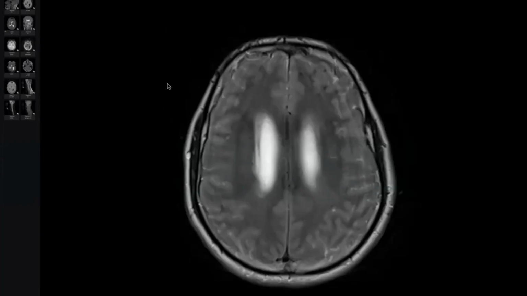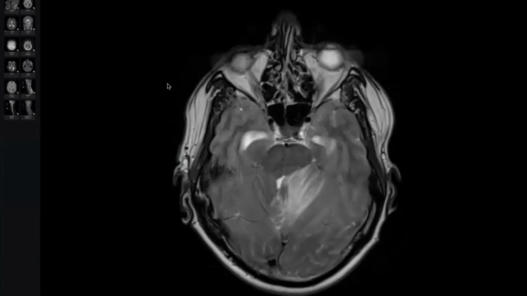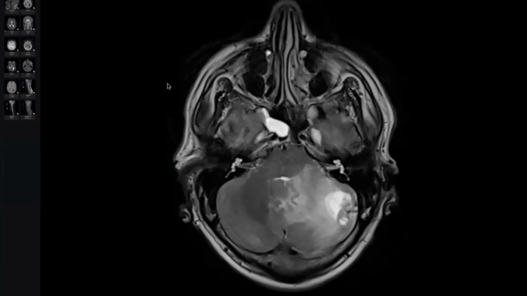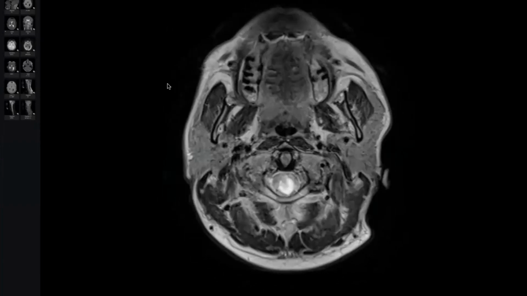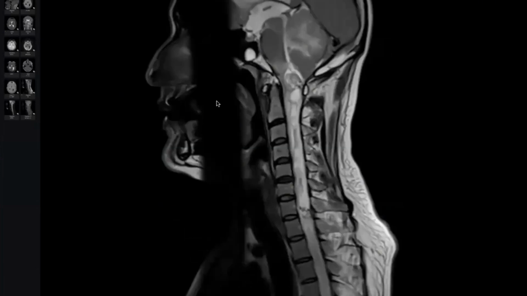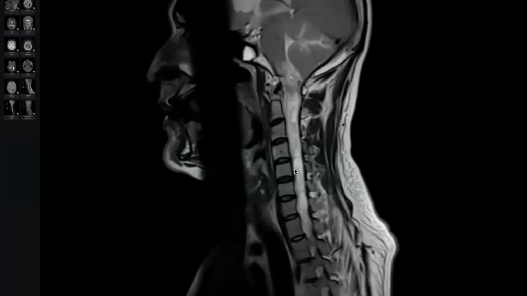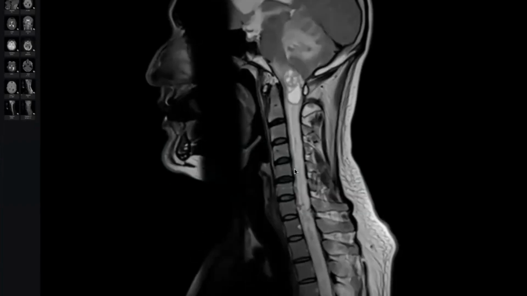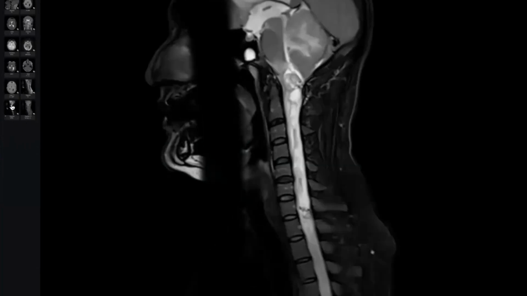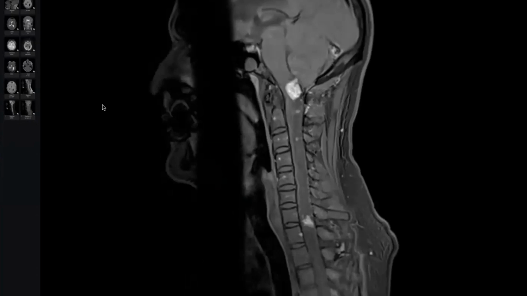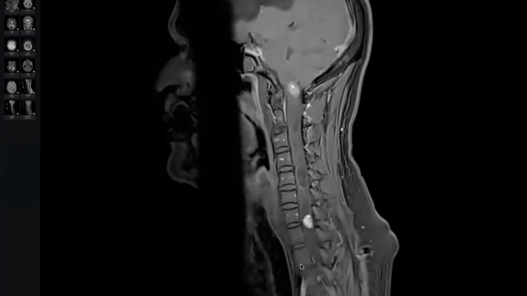Most of us will talk about the CSF permeation, hydrocephalus, and the left cerebellar hemisphere, which is too much finding, and we will forget this one. Disaster. See why? This is multiple. The cord is totally abnormal. See here, and after the contrast, at least 3: 1, 2, 3, bile based.